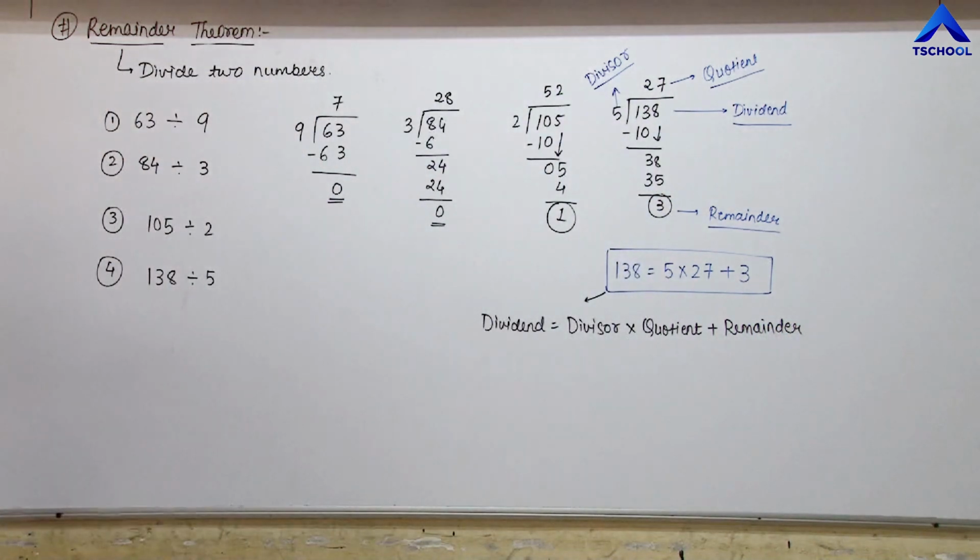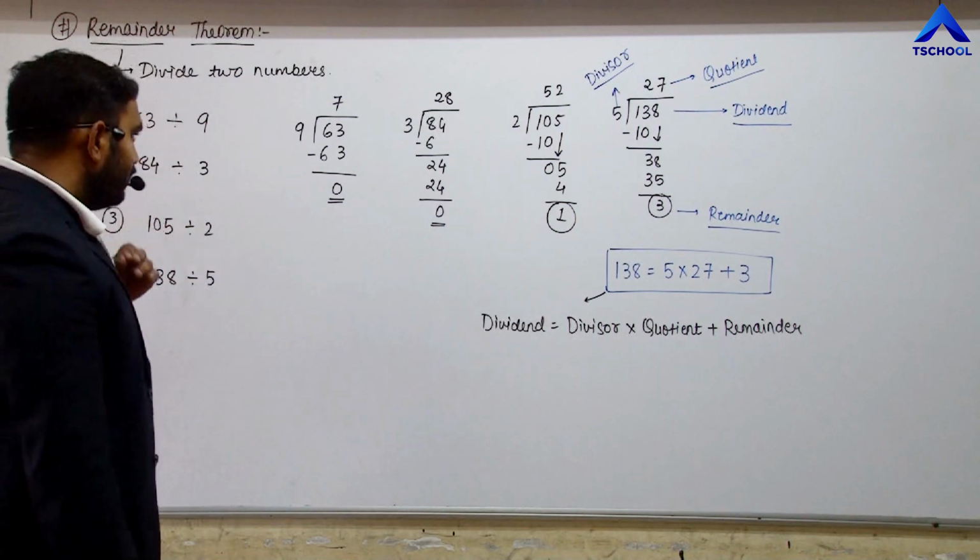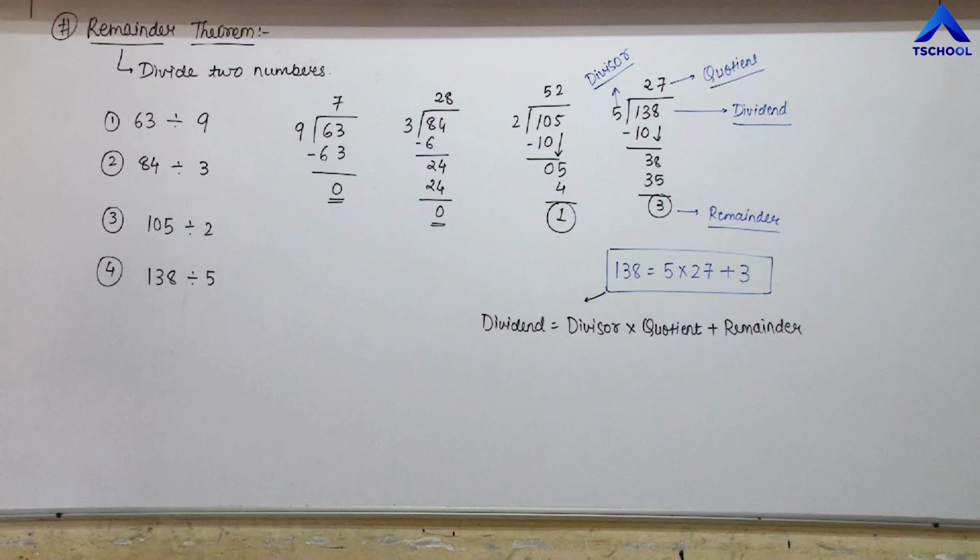Yes or no? So that is how the basic division goes here, right? Dividend is equal to divisor into quotient plus remainder. Now these are all numbers, but here in this chapter we are talking about polynomials, right? We are talking about polynomials.